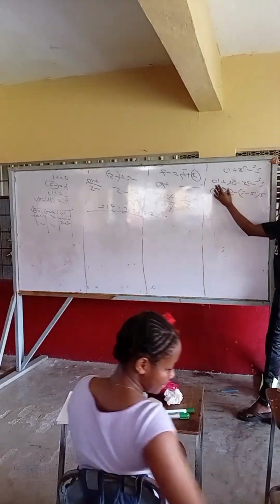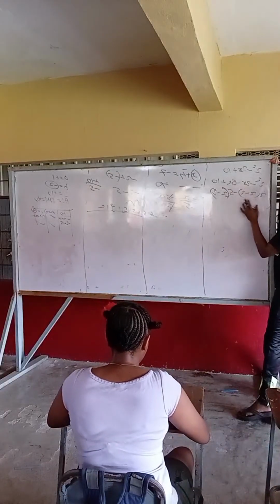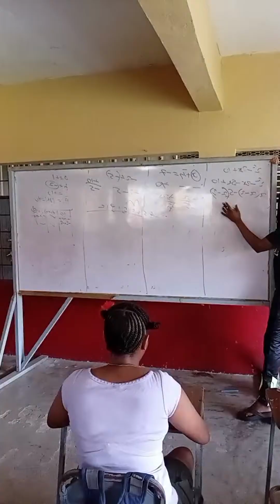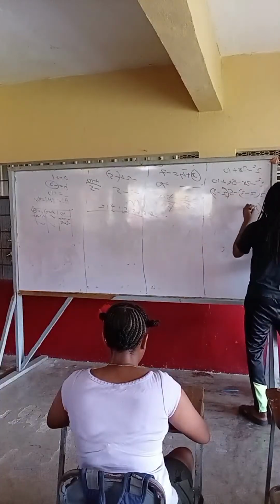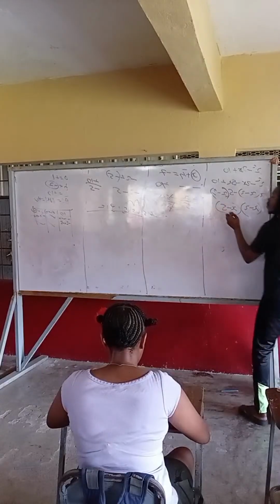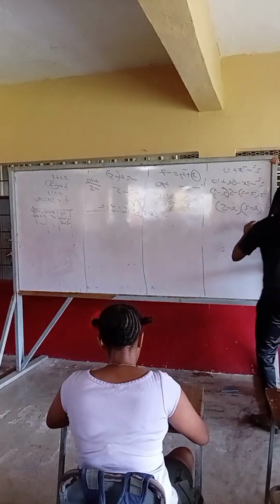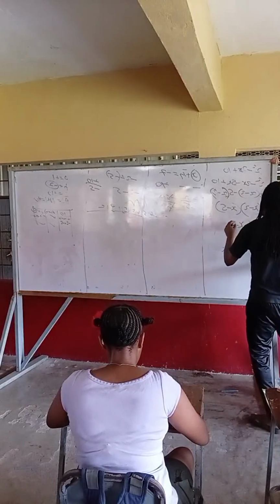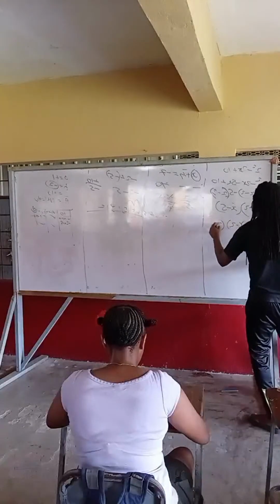You see, say this is a y. So this and this are common. Then it comes up: x minus 2 equals x minus 2, x minus 5.